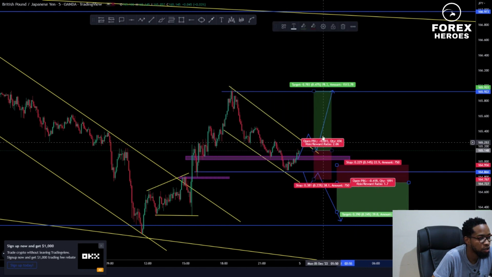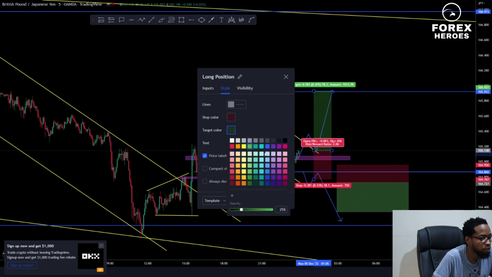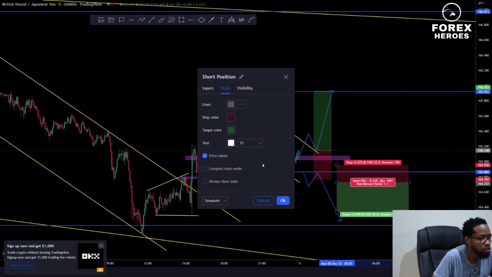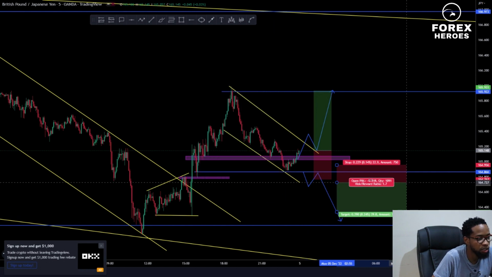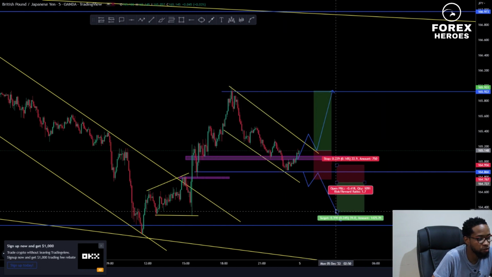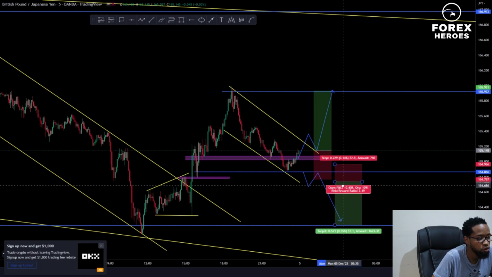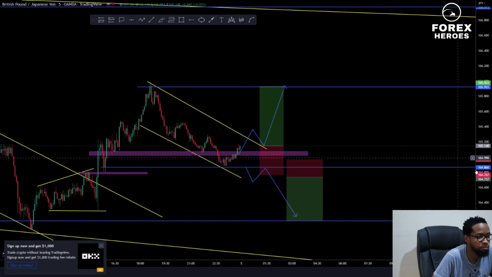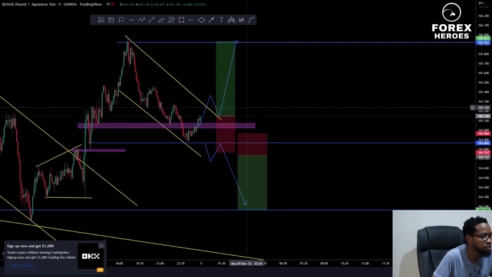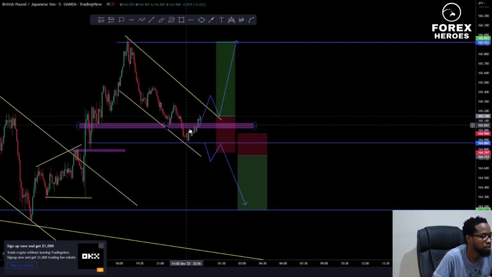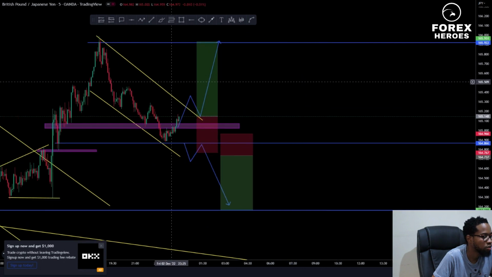Okay, let's look at this one, 25 as well. So this is what I'll be looking for on GBP, but I'm strong on this one because I can see we had an impulse, and then this is a correction. So the first break is this one.